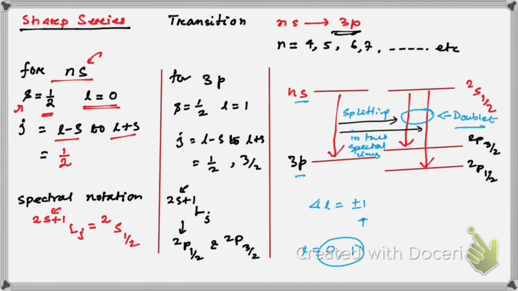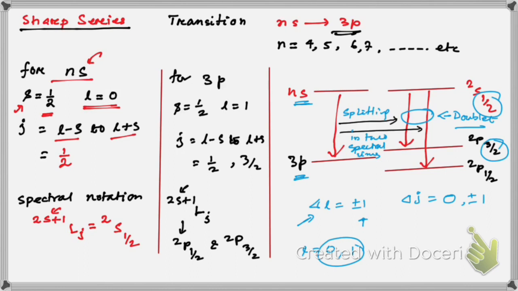So here we are taking the s orbital, right? Its value is 0, and here it is 3p, so 0 minus 1, that's going to be minus 1. So we are obeying this rule, and Δj is going to be either 0 or plus or minus 1, right? So to find Δj, subtract these values.